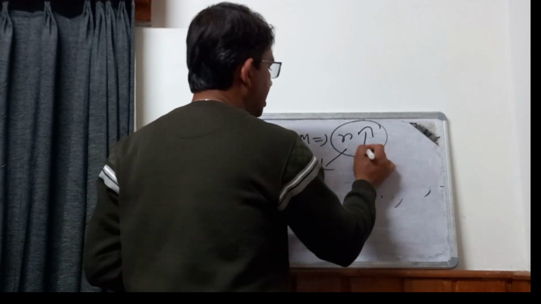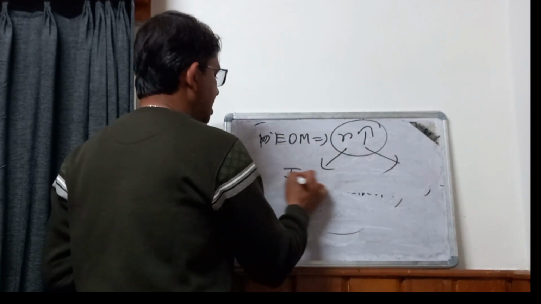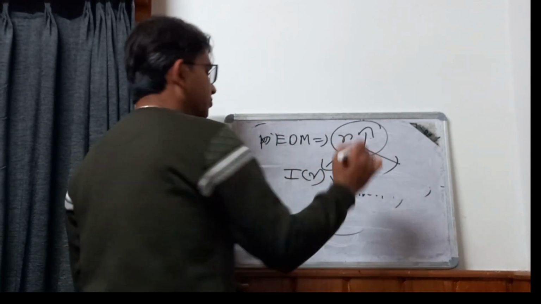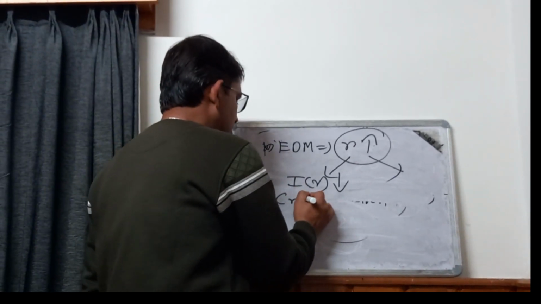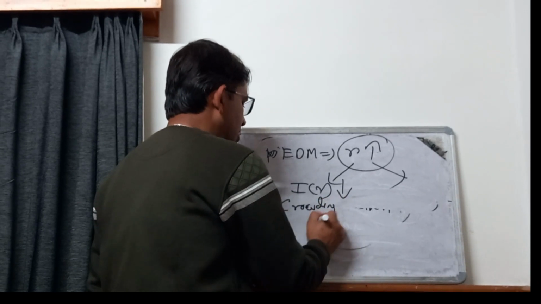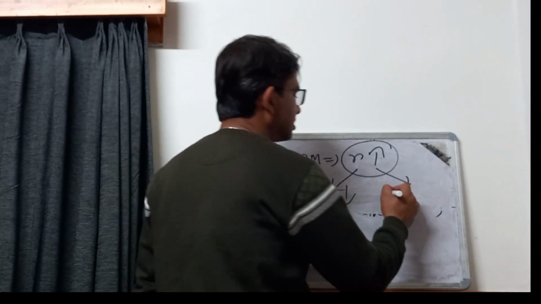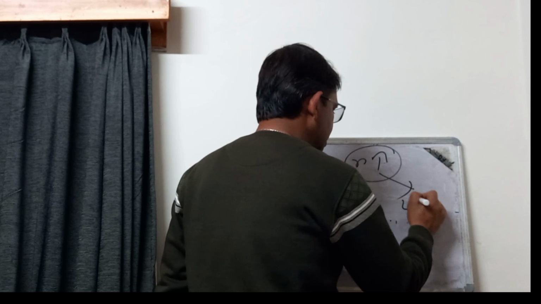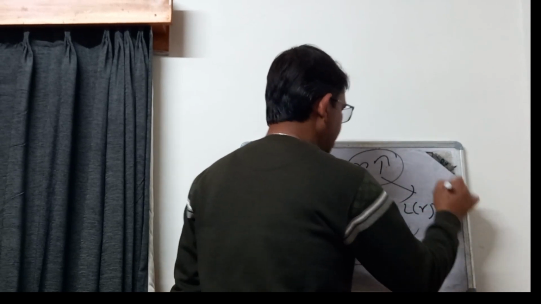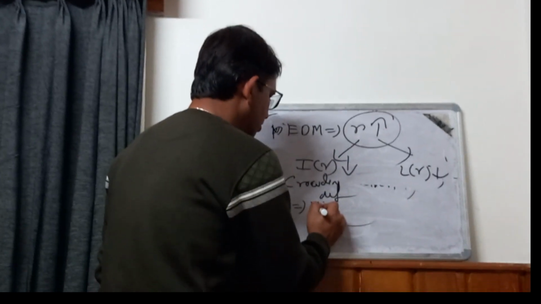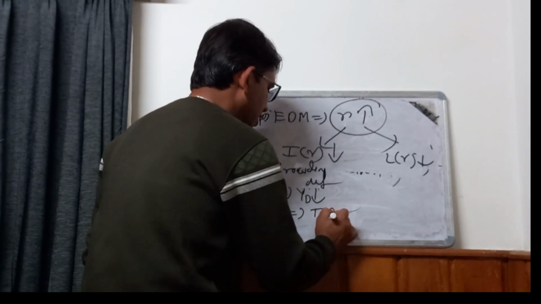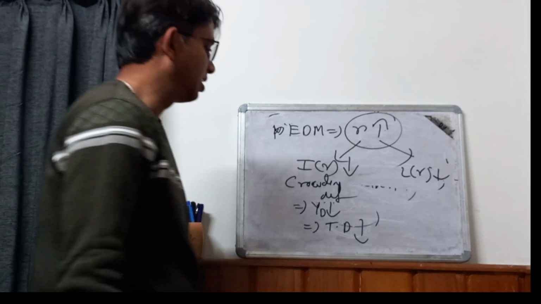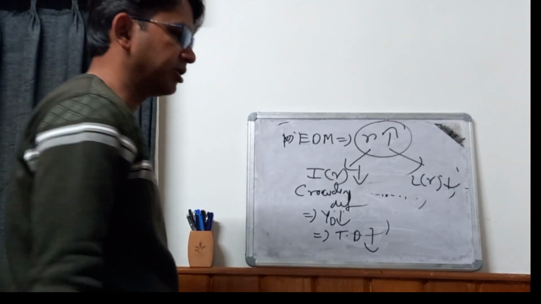And again we will have two things: it will choke off the private investment, which we call crowding out, and second, LR will decline, and due to crowding out, YD will decline, so transaction demand for money will also decline. So this process is continued.